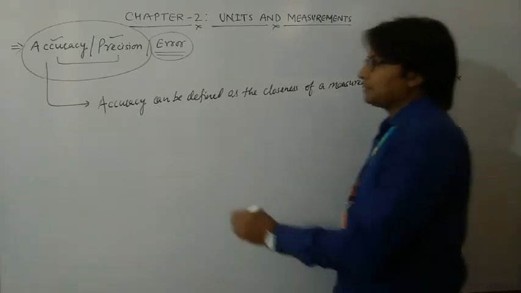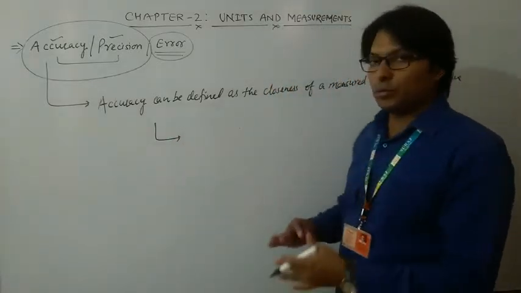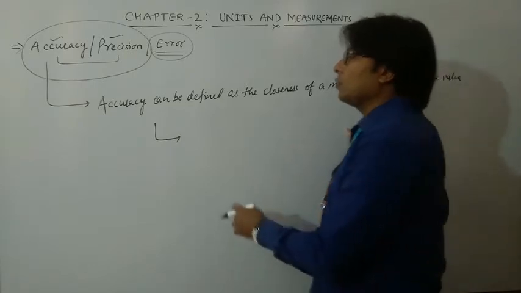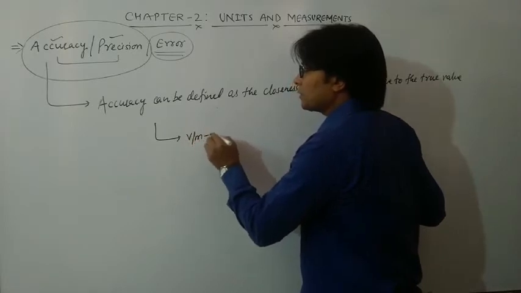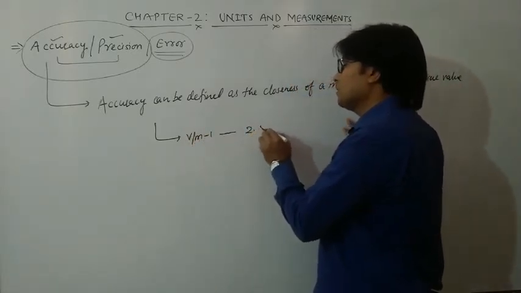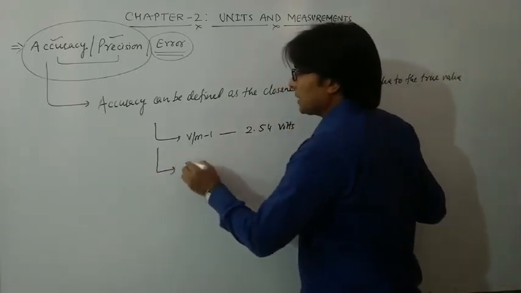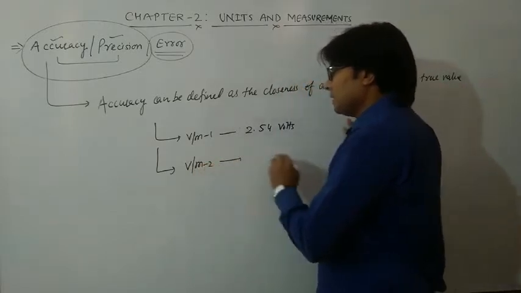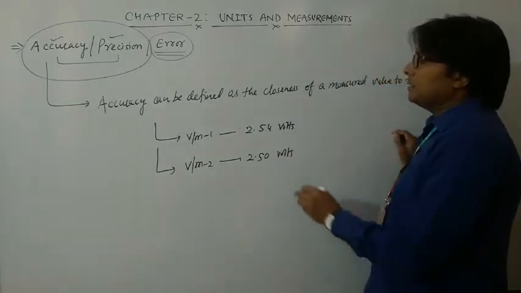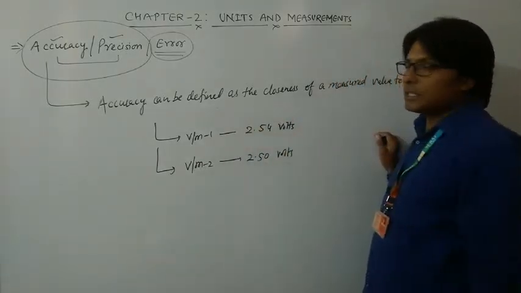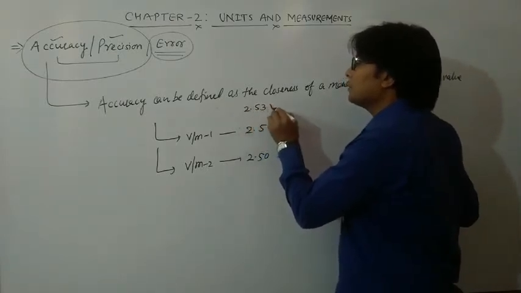For example, I have two voltmeters through which I am measuring the voltage difference between 2 points. The reading of the first voltmeter is 2.54 volts, and the reading of the second voltmeter is 2.50 volts, and the actual value of the potential difference is, suppose, 2.53 volts.